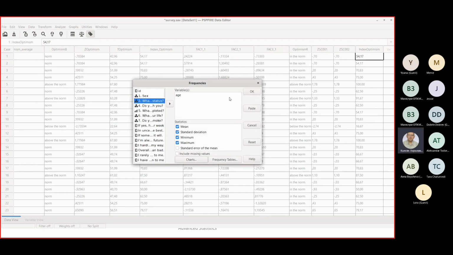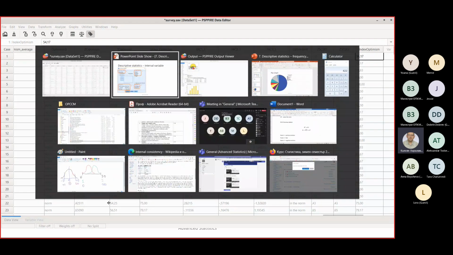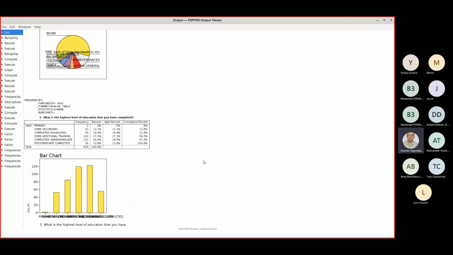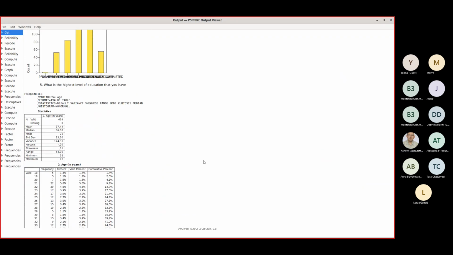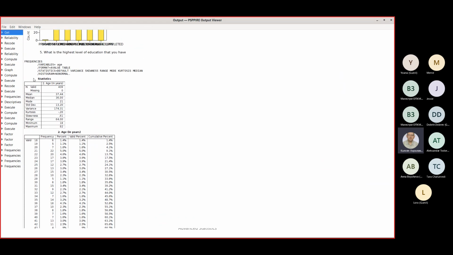So press Continue, press OK, and let's see the result. The results are here. Now here we have a new table, statistics, with different descriptive statistics there.